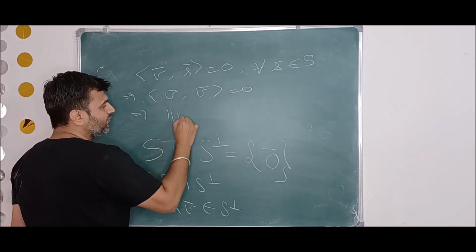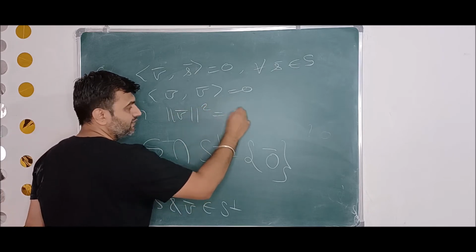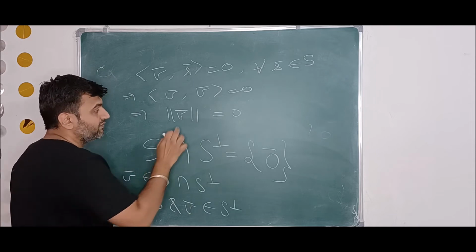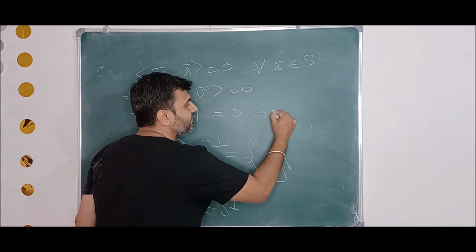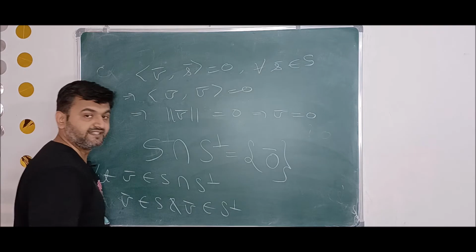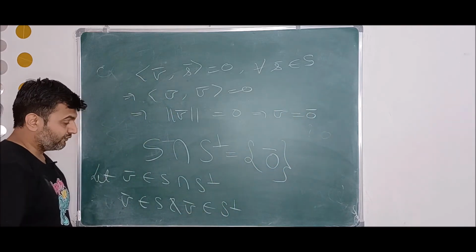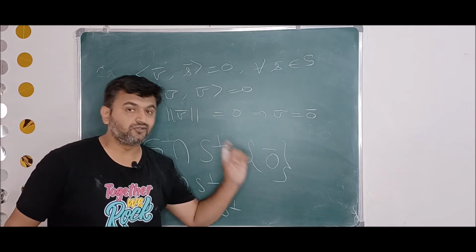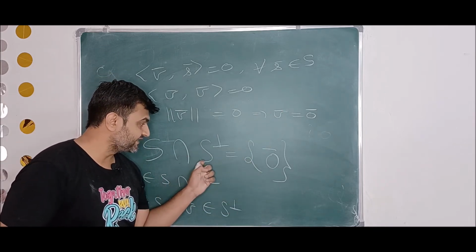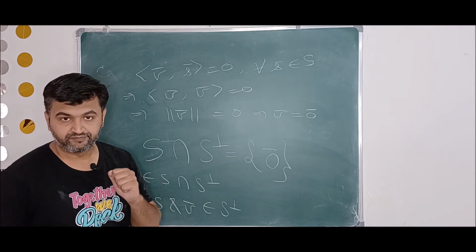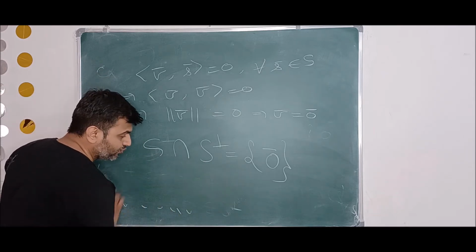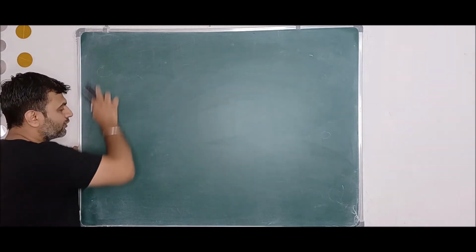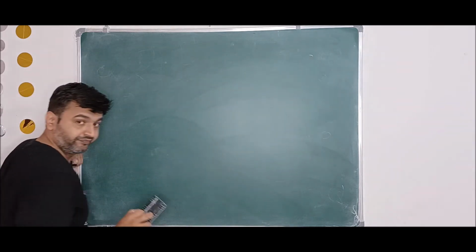This is nothing but the norm of V squared. But the norm squared is 0 means the norm itself is 0. And the norm of a vector is 0 means the vector itself is 0. Okay. So if you have a vector in the intersection, then that vector has to be the zero vector. So S intersection S perp is always 0. Okay. So that is one point to observe. Just see this once again. If you get stuck, you can ask me your doubt in the comment section.